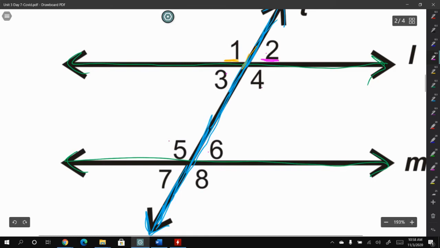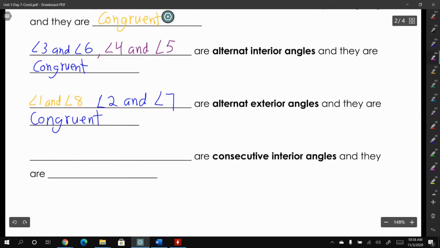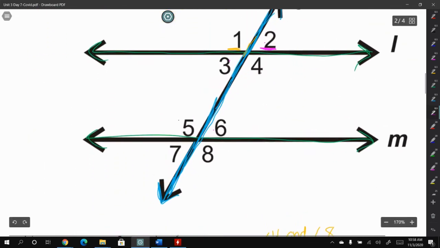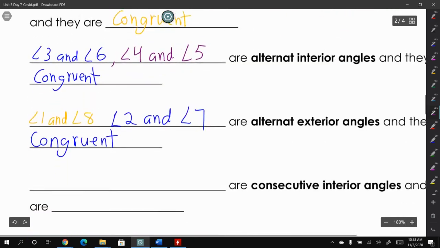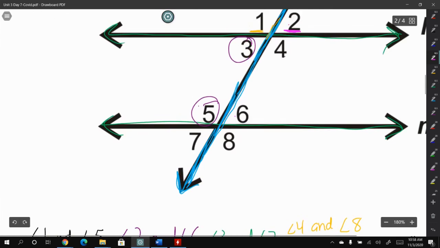All right, now the last one, that's the consecutive interior angles. So consecutive interior angles are 3 and 5. So angle 3 and angle 5. And then angles 4 and 6.